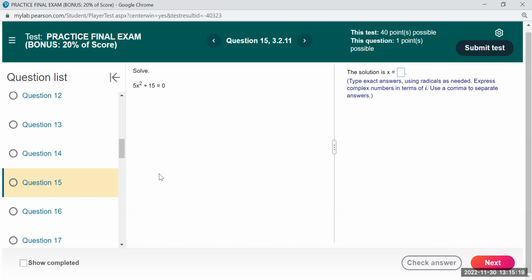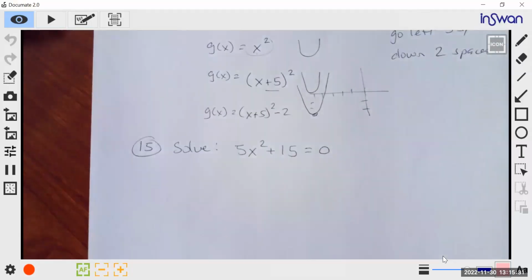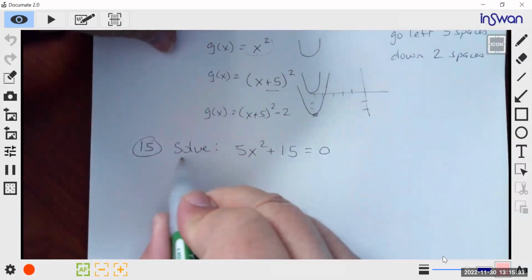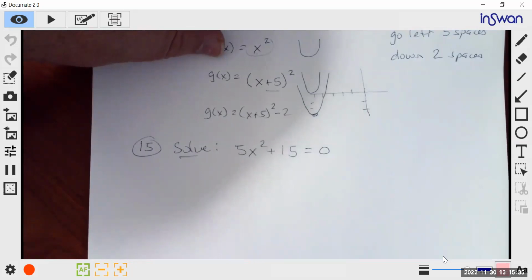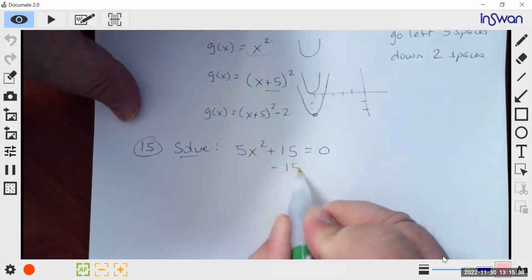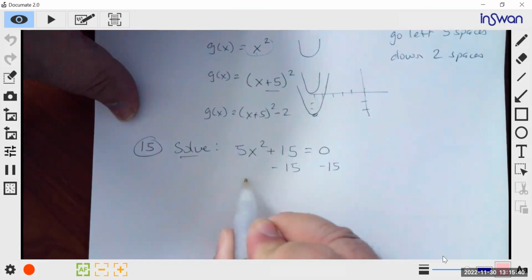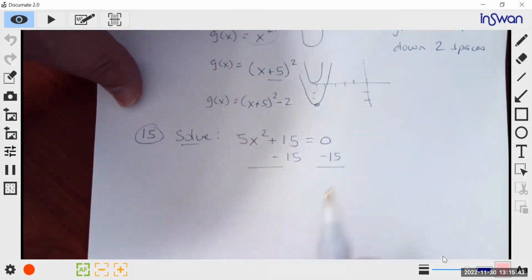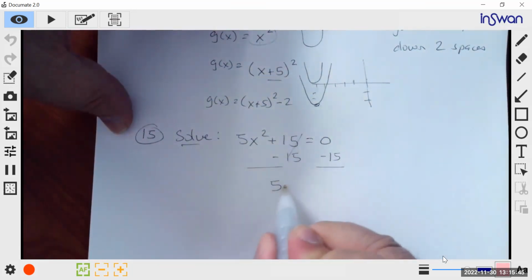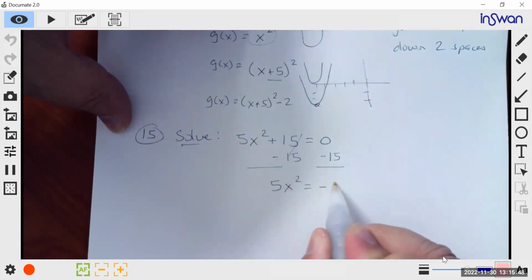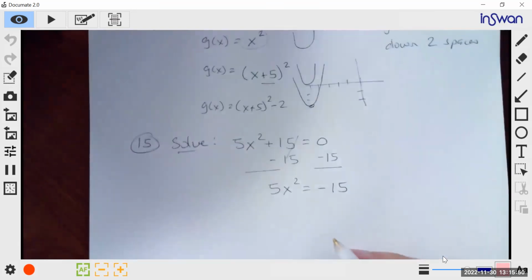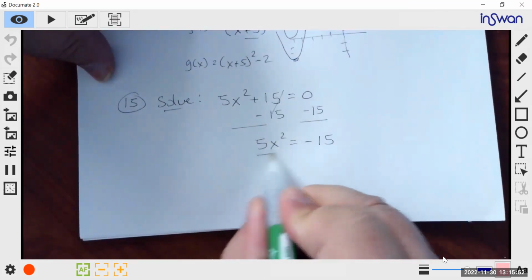Solve 5x squared plus 15 equals 0. How do we solve this? Remember, we have to get x by itself. We're solving for x. Subtract 15 from both sides. 5x squared equals negative 15. Divide by 5.